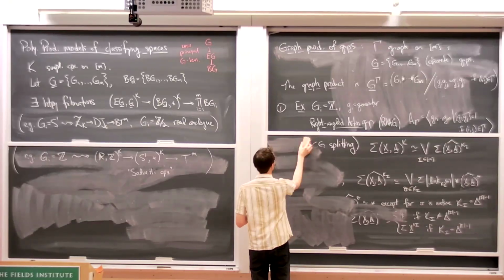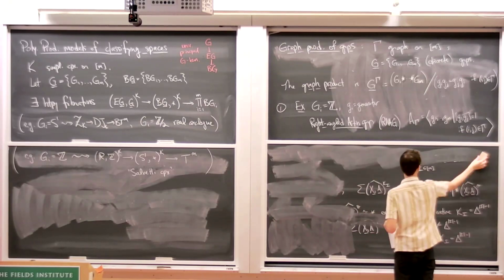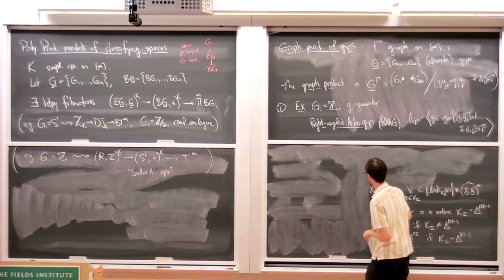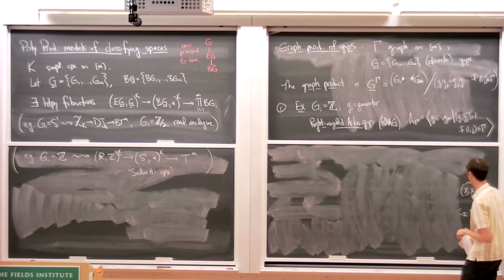Okay, maybe you've seen that group before, or at least heard of it. And then the other one is called a right-angled Coxeter group. Very similar, but take all of the G's to be Z mod 2's instead of Z's.